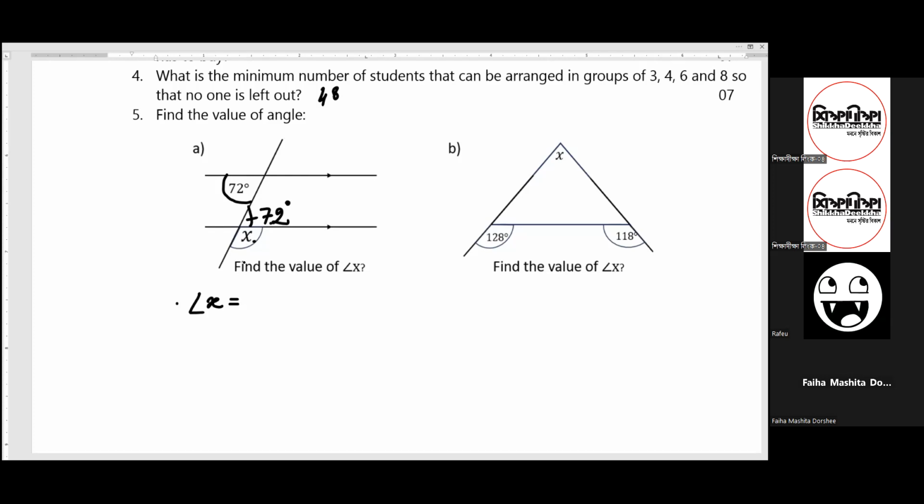Once they are supplementary, we can say x is equal to 180 minus 72, that is 108 degrees. Do you understand?